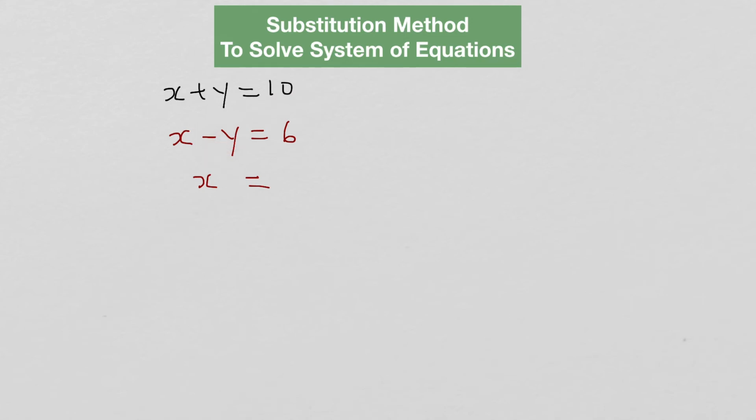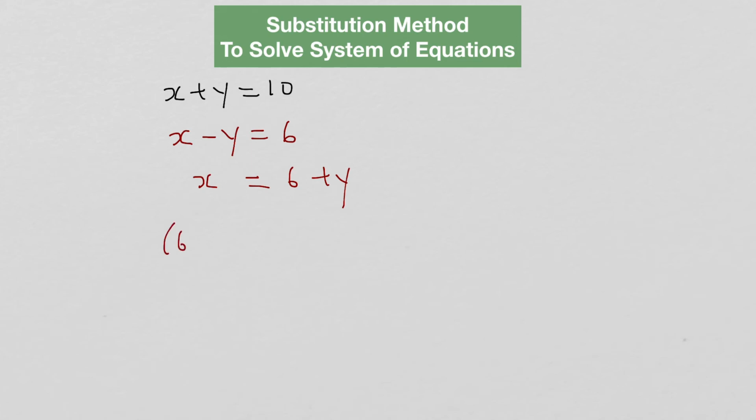When we add y to both sides, we get 6 plus y, and the y on the left side disappears. Okay, now we now know what x is. We have this x, but we know this value of x in terms of y. It's 6 plus y. So we're going to rewrite this equation as follows.